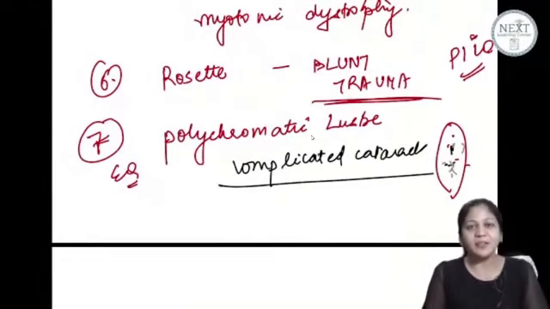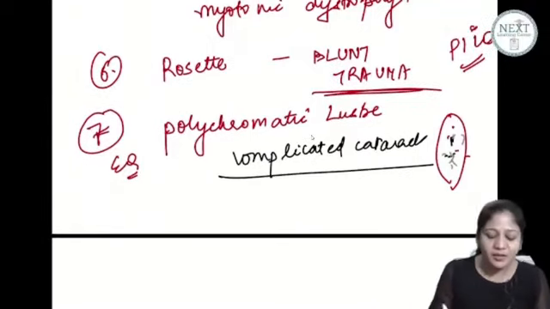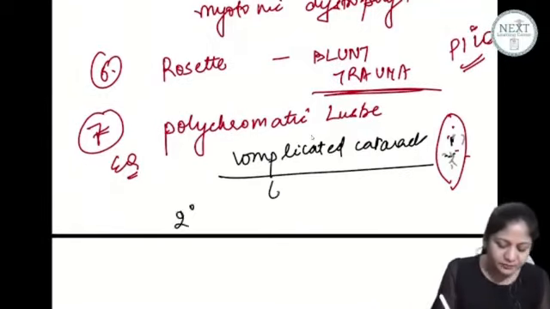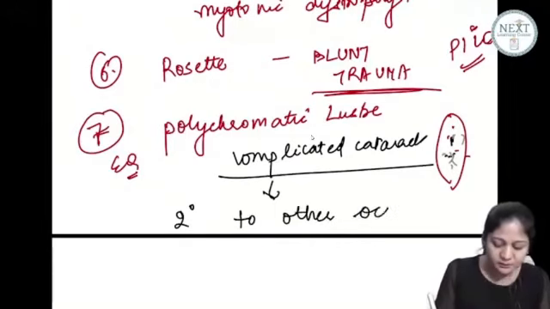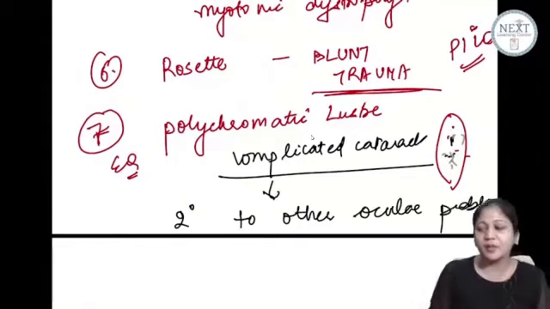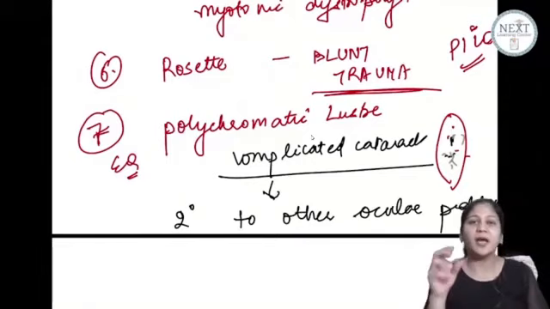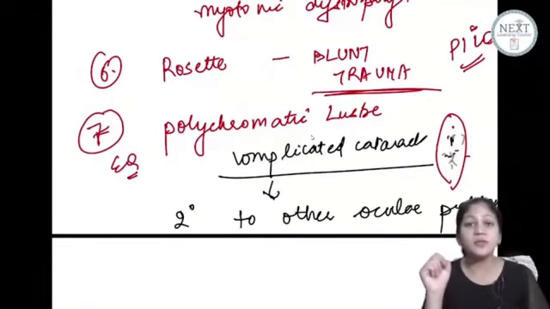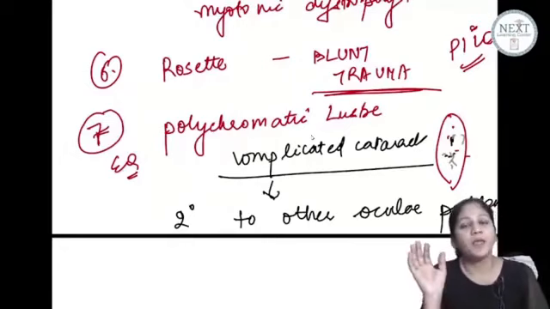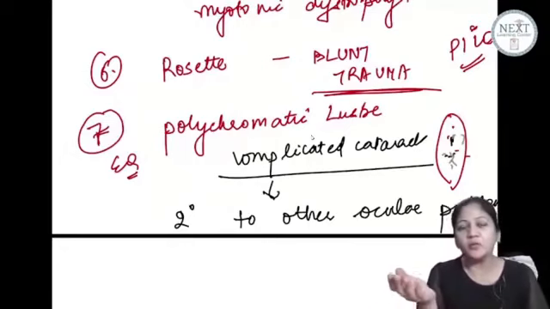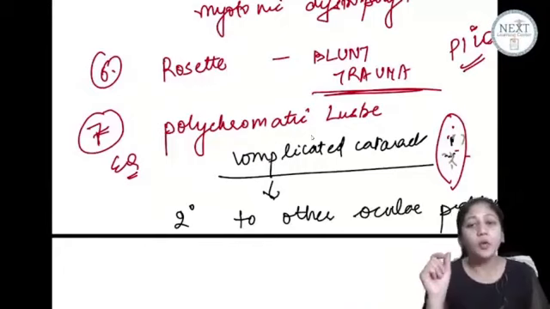But this is a cataract which occurs secondary to other ocular problems. Suppose a patient has uveitis, suppose a patient has glaucoma, and because of glaucoma or uveitis he develops a cataract. You will call that a complicated cataract.